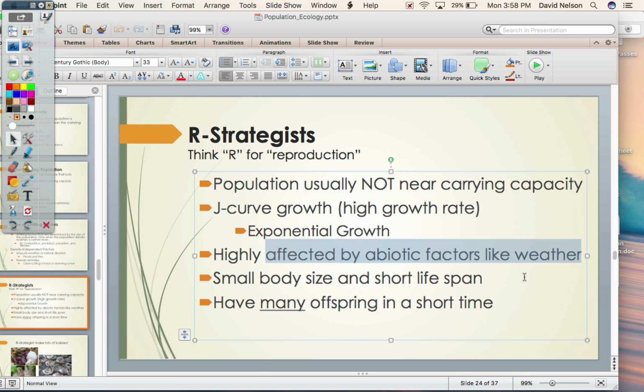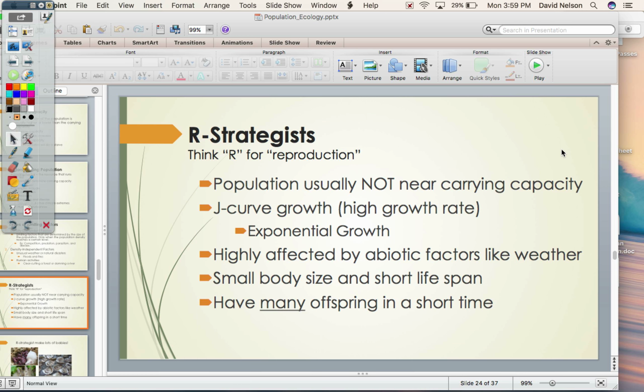So before they ever start to get near the carrying capacity, before they start to use all of the resources, normally something like a special weather event or something else that is an abiotic factor, something not living, is going to reduce the population before they get close to this carrying capacity.